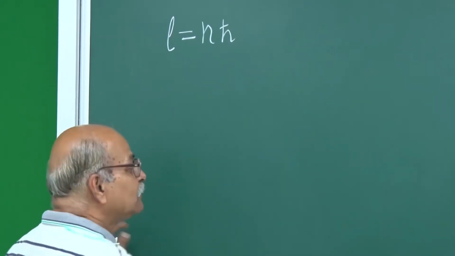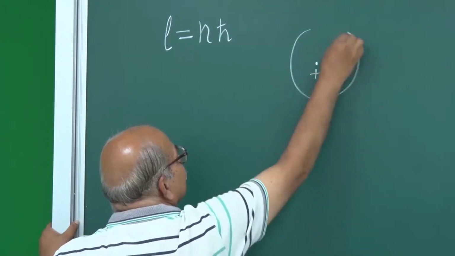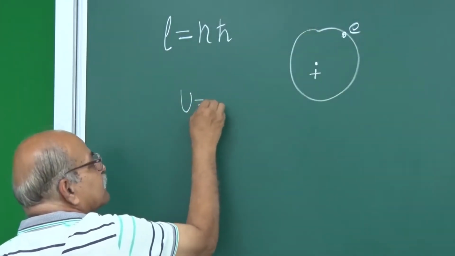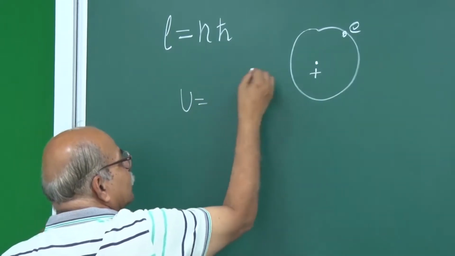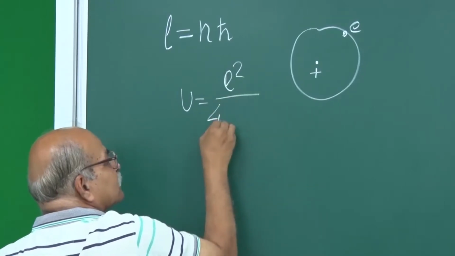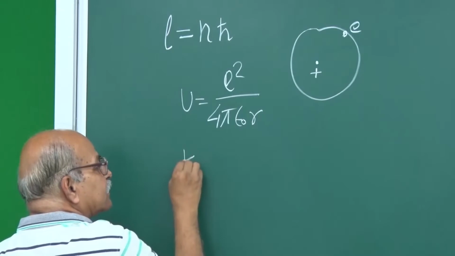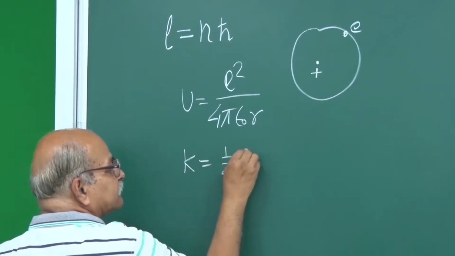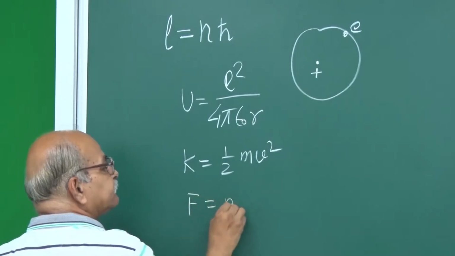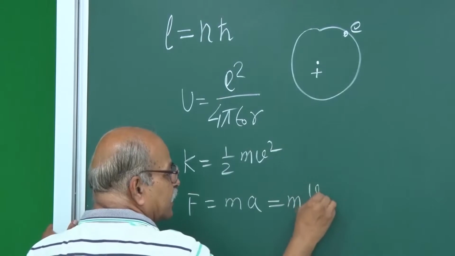After that, you have a nucleus here, positive charge here, and an electron going in a circle. So, you say that potential energy is given by Z e square; if it is a single proton, then it is e square over 4 pi epsilon naught r, and the kinetic energy is half mv square, and then F is equal to ma, mass into acceleration, and acceleration is v square by r.